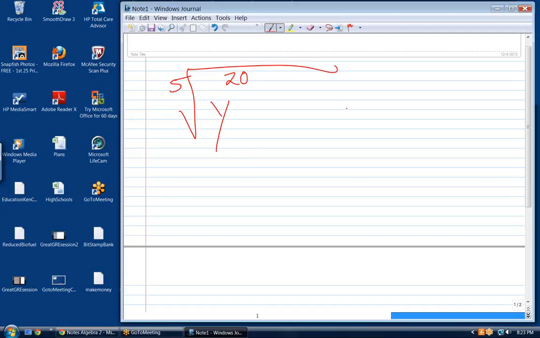Okay, so how can I rewrite that using my exponents? Where's the 20 go? Where's the 5 go? Which one is the numerator? The 20.